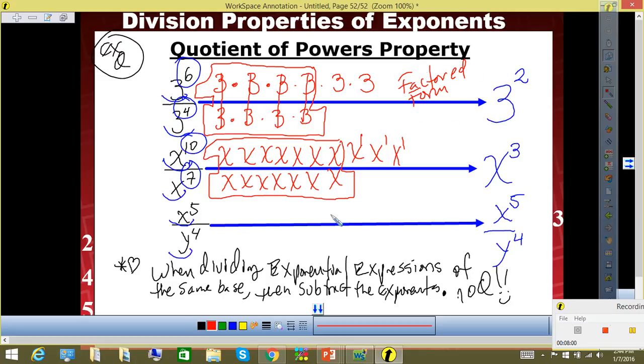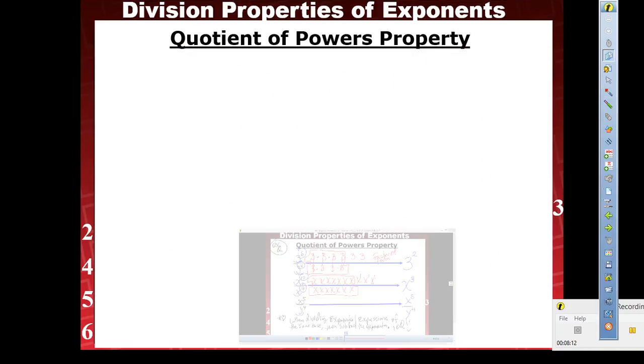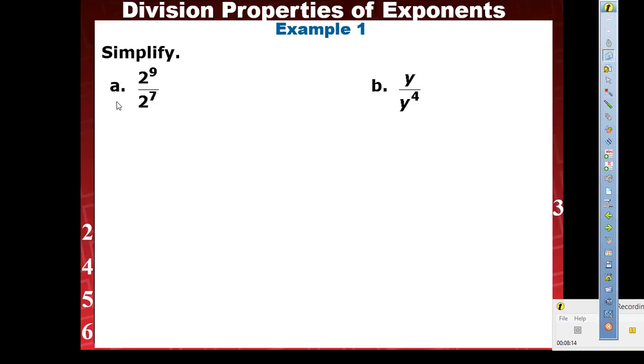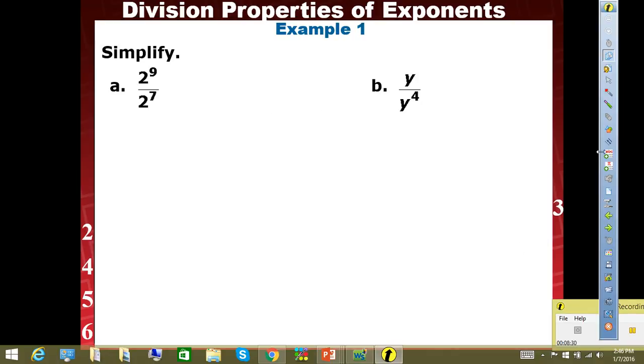We got it? Let's practice. Let's see how we do. Copy this, please. Example 1A and 1B. We got 2 to the 9th over 2 to the 7th. And for B is y over y to the 4th. Copy those and see if you can simplify those. Go. Okay, let's see what we got.